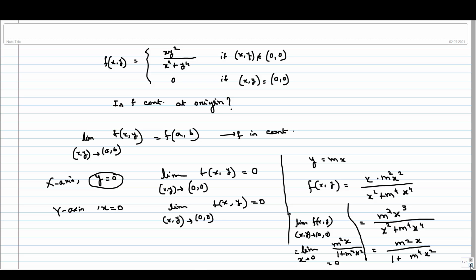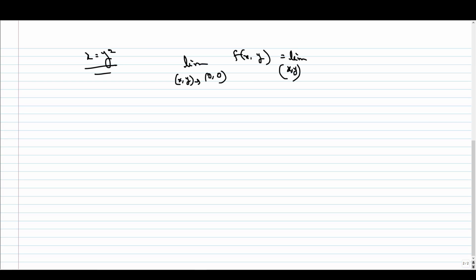So is there any curve by which we are getting any other limiting value? Let us try one curve, x equal to y square. Now as xy tends to origin, that is 0 comma 0, let us write the functional value here. Our function was given to be xy square by x square plus y power 4.